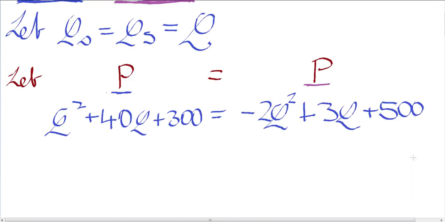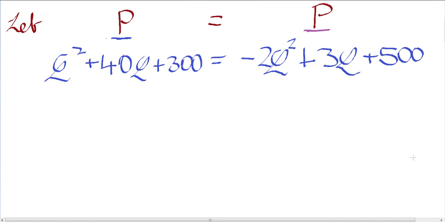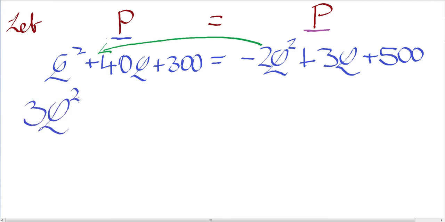Now, I'll need to get everybody to the one side here, so I'm going to take everybody across over here, so that minus 2q squared will come across to be plus 2q squared. That means I'll end up with 3q squared. The 3q will come across and become minus 3q, but there's a 40 there to meet him, so I'll get 40 minus 3, and that's 37.